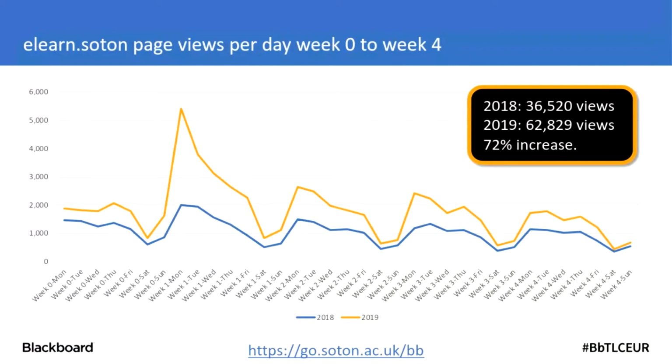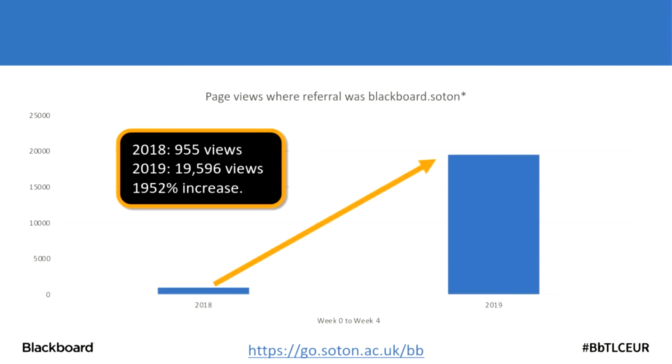But we didn't only promote it in Blackboard; we're using Twitter, SharePoint, email, and so on as well. This slide, however, shows the amount of referrals where someone accessed our eLearn support site from Blackboard. And there we had an almost 2000% increase in page views that originated from our Blackboard environment.